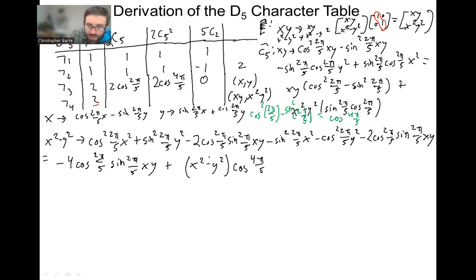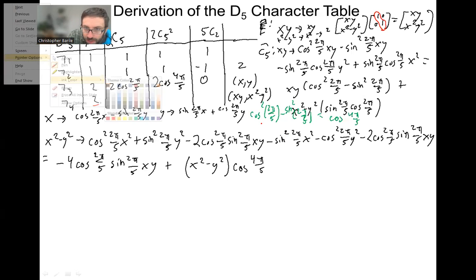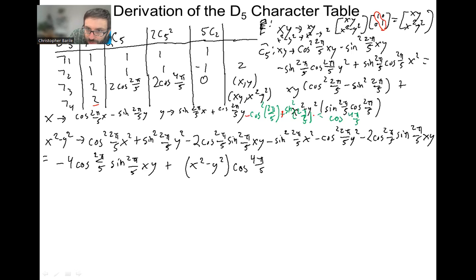And so that part of it works. And then we have the negative of it too. So if we think about taking the negative of all this, so a negative sign there, a positive sign there, and a negative sign there, right? We have that as well for y squared. We have a positive sine squared 2 pi over 5 term for y squared, and we have a negative cosine 2 pi over 5 y squared.